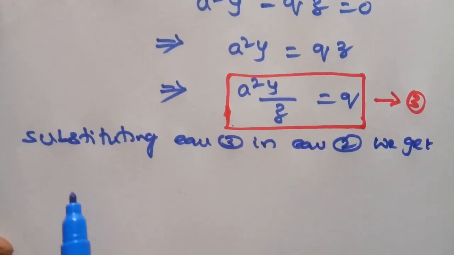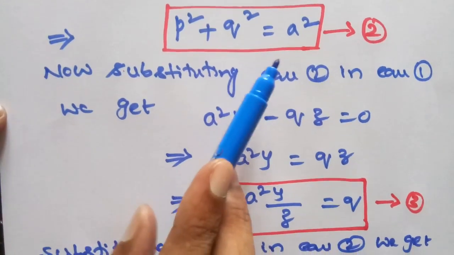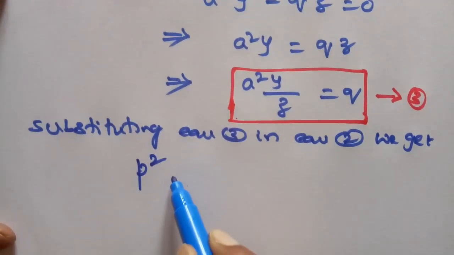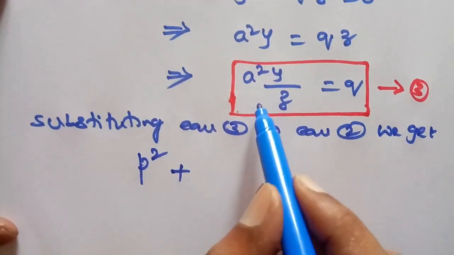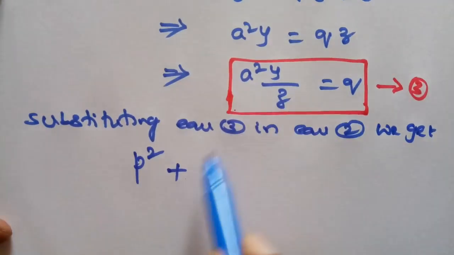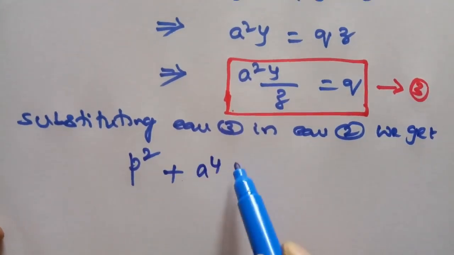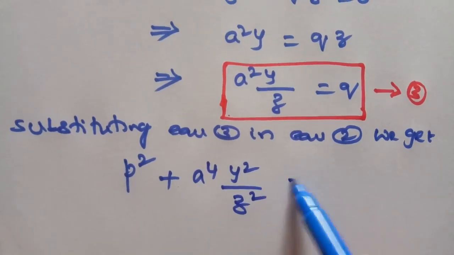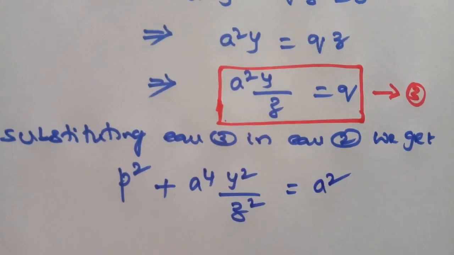Therefore, we get equation 2: p square plus q square is equal to a square. Now p square plus q square, q square is a square y by z whole square, a power 4 y square by z square, is equal to a square.